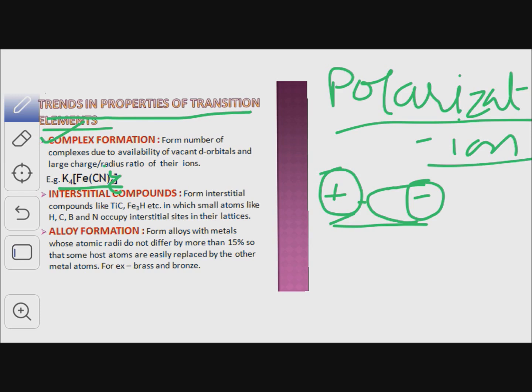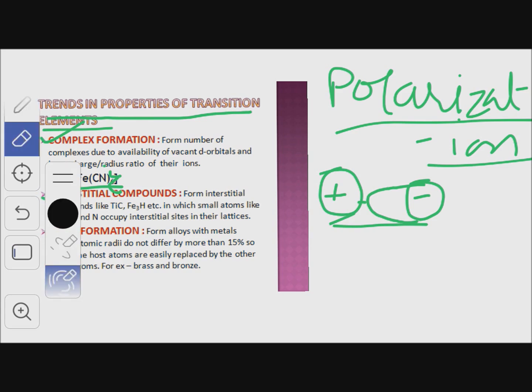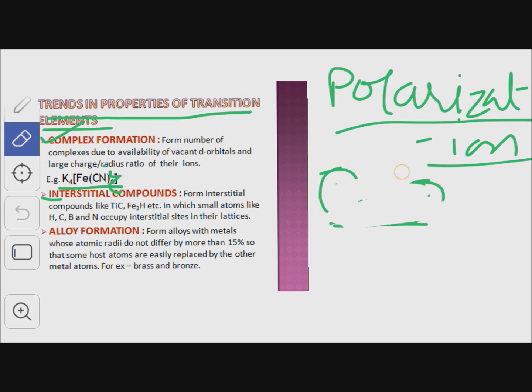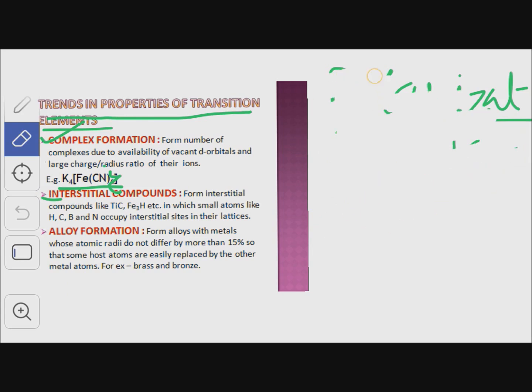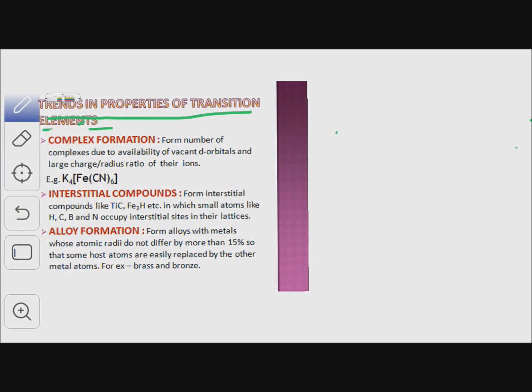Next is the interstitial compounds. Interstitial compounds are those in which a small atom occupies the interstitial sites to form an alloy, to form an interstitial compound.